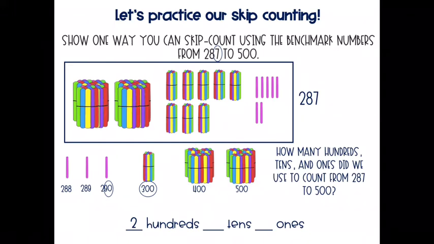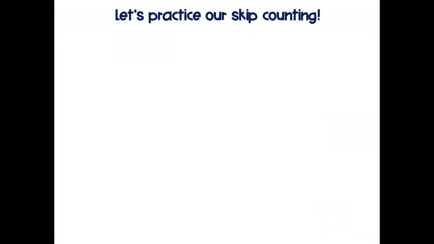Next, let's count our tens. We have 10. Next, we can count our ones. We have 1, 2, 3 ones. So now we know we have used 2 hundreds, 10, and 3 ones. Great job. Let's keep practicing.